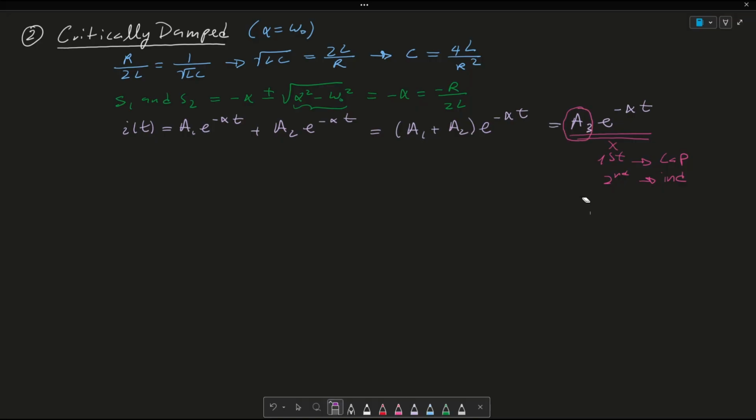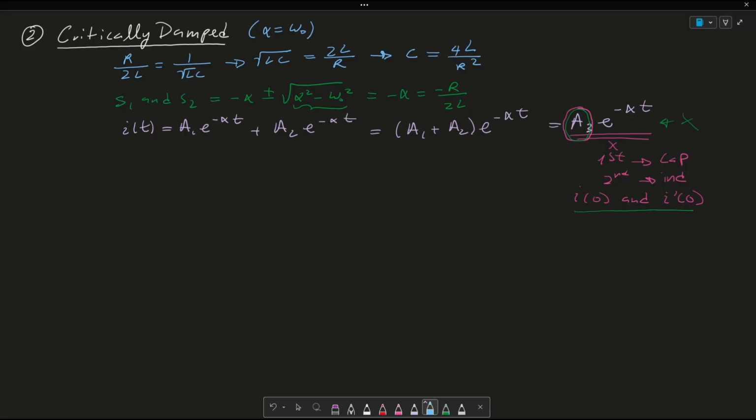Another way to think about this is to say that since we have two current initial conditions, so I at time 0 and I prime at time 0, these two cannot be satisfied by one singular constant. Therefore, there's something wrong with this solution here, and it is incorrect.